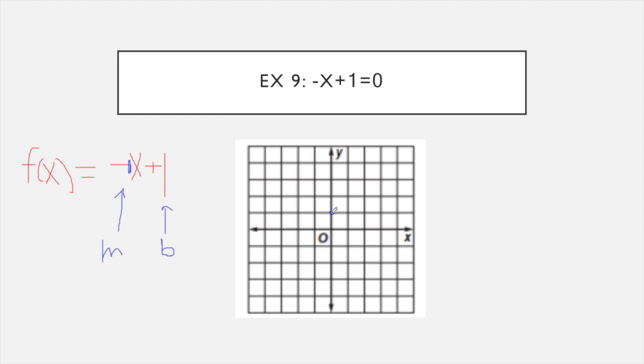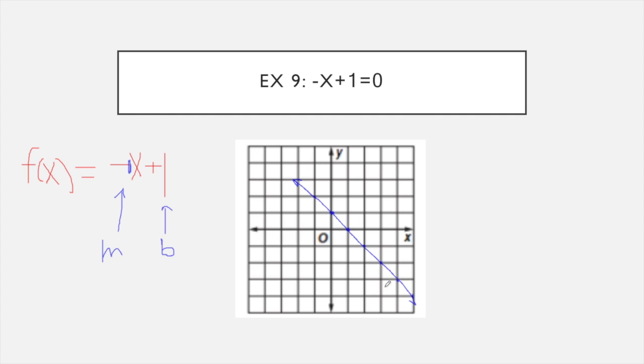So we will now take this point, and from here we'll go down 1 and over 1. Down 1, over 1. We could repeat that and know that our line is going to go across this way and up this way. So if I just put my arrow here, I know it's going to come down just like this.